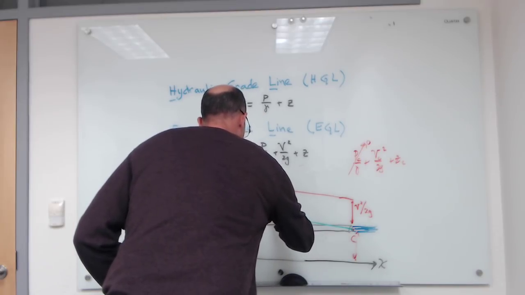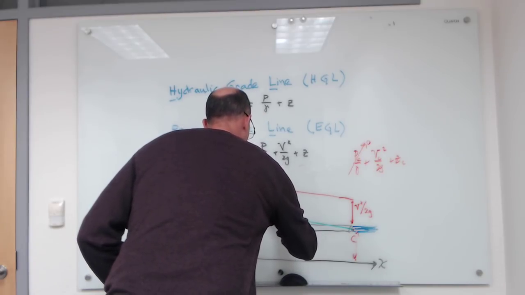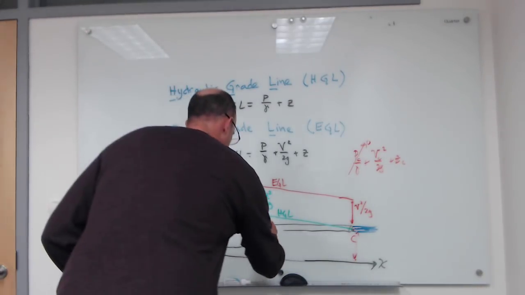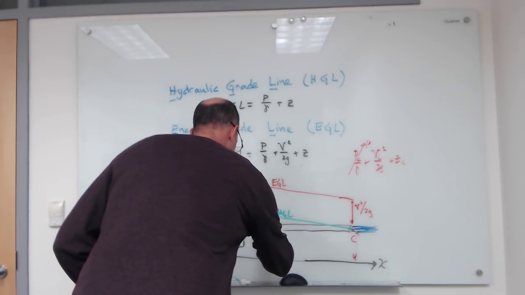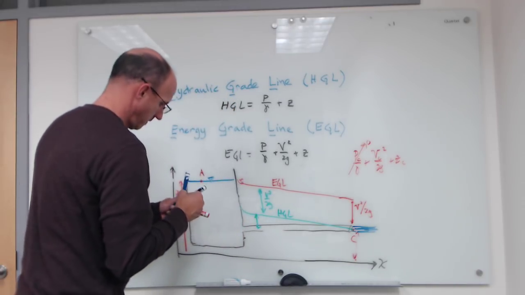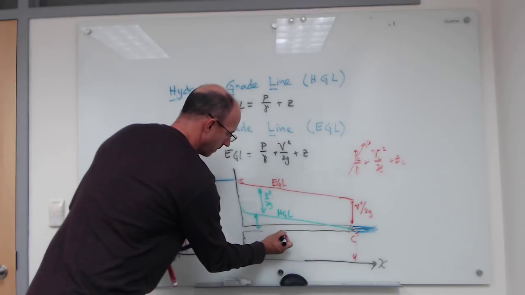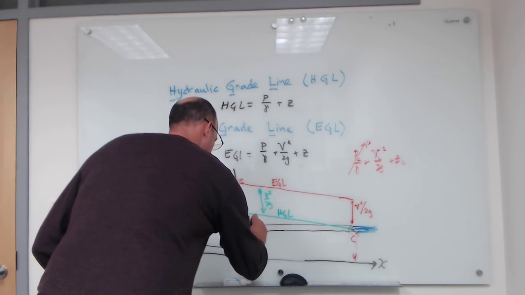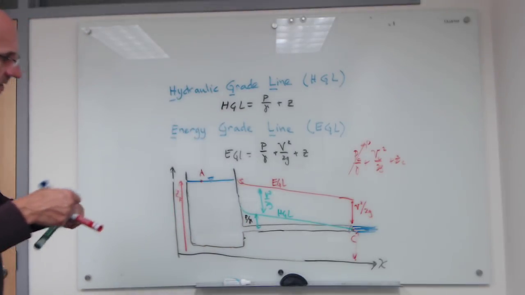This distance is V squared over 2g. And this distance here, which is the distance from the hydraulic grade line to the center line of the pipe, that just represents P over gamma. So this distance here is P over gamma.